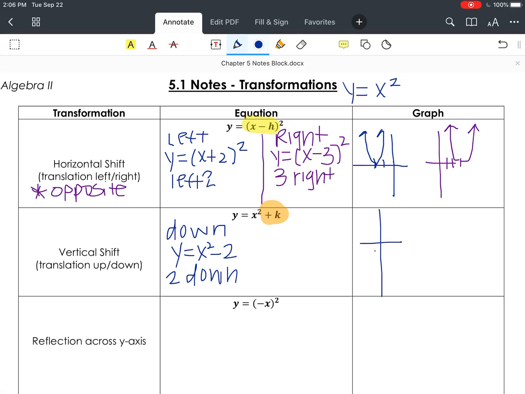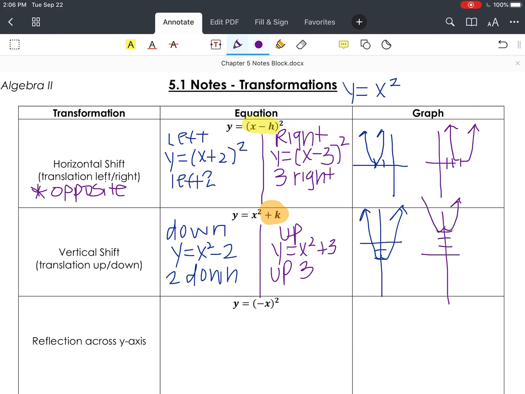So from your original function, you'd be going down 2. And then to go up, you would add. So if you wanted to go up, you could do x squared plus 3, and you'd be going up 3. So that's how you transform horizontally or vertically.